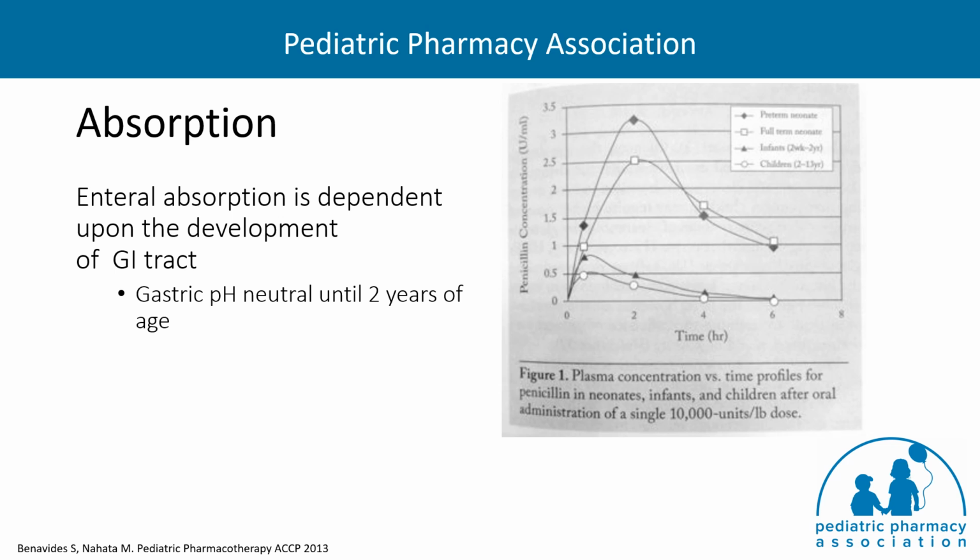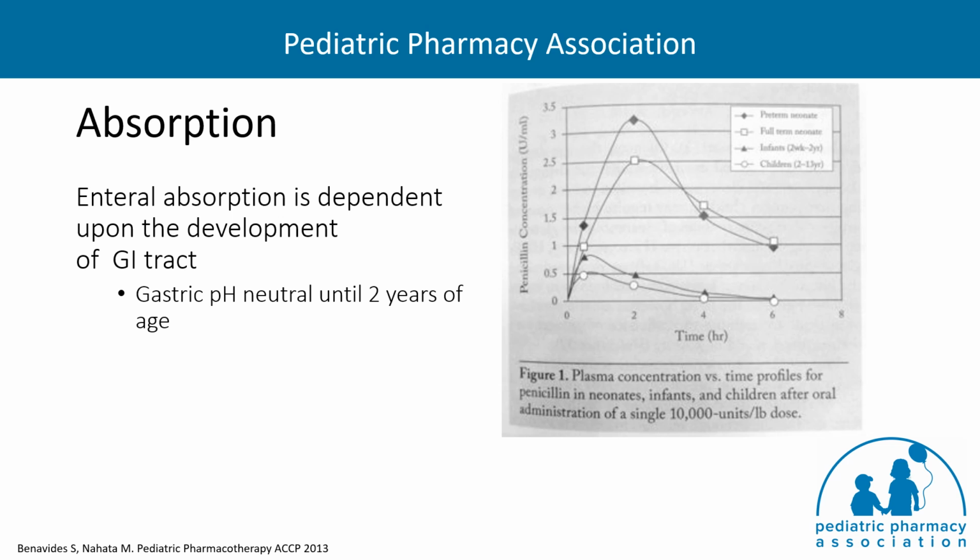So for example, in neonates, gastric pH is neutral and decreases to a more acidic level as the patient ages. Remember, pH changes drug ionization, and it can either increase or decrease the amount of drug available for absorption.